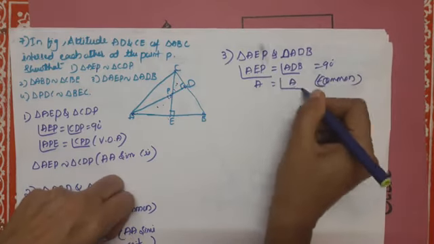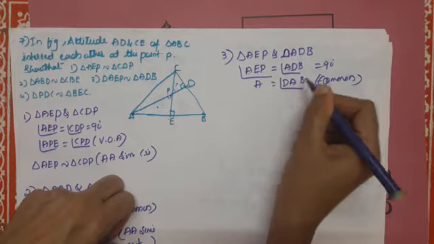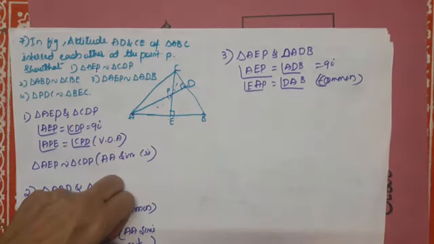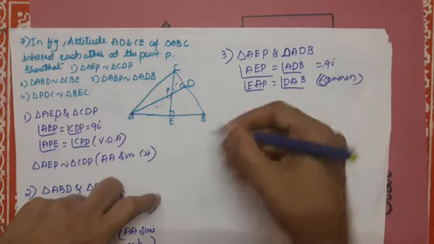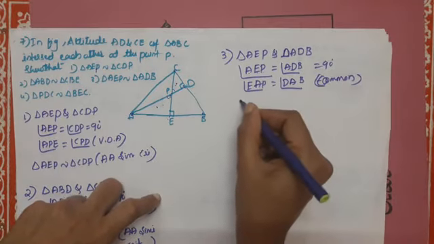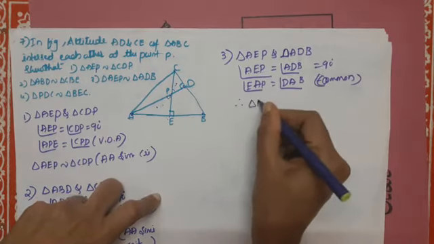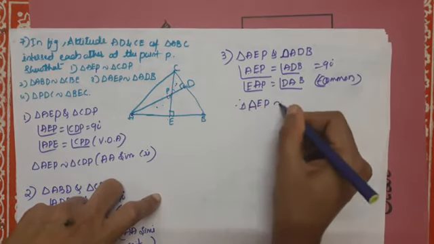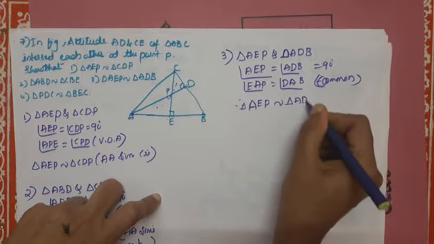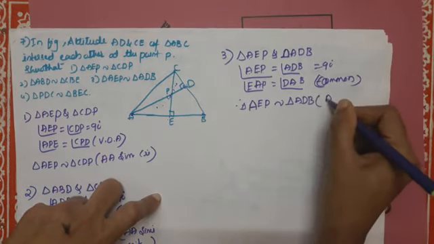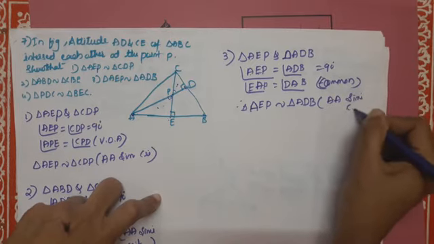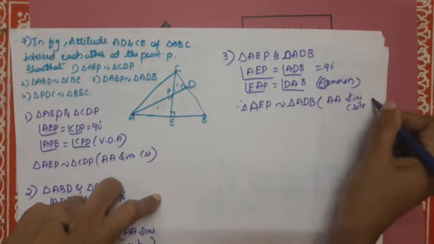So automatically the third angle will be equal, and therefore triangle AEP is similar to triangle ADB by again the angle similarity criteria.